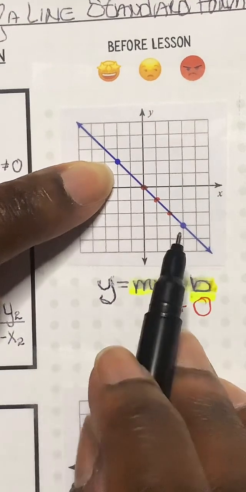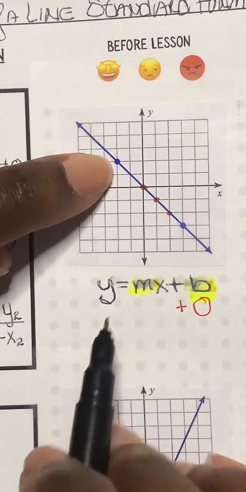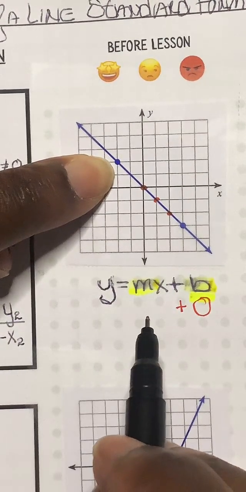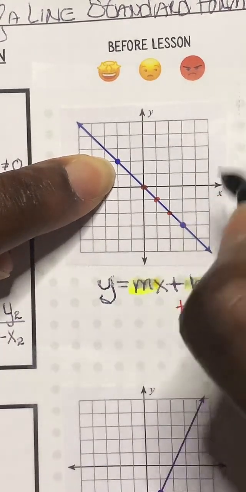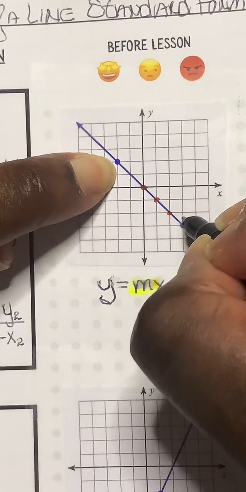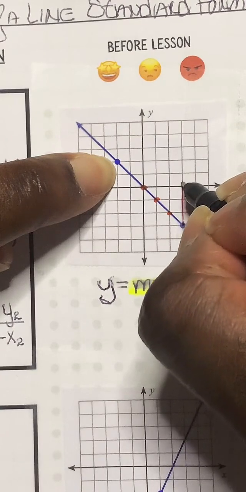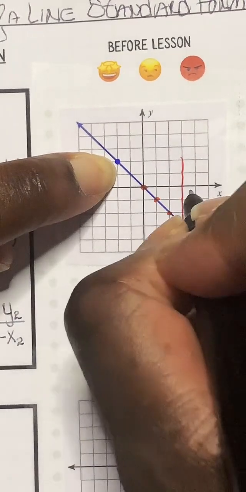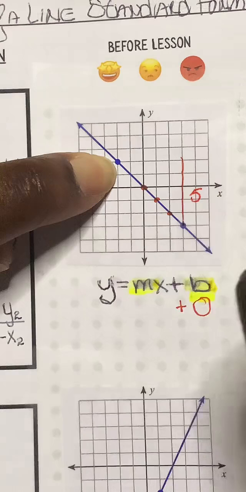It doesn't matter if I start at the lowest one or the highest one; you're going to get the same answer. So if I start low to go high, I go up 1, 2, 3, 4, 5. So I went up 5 units.